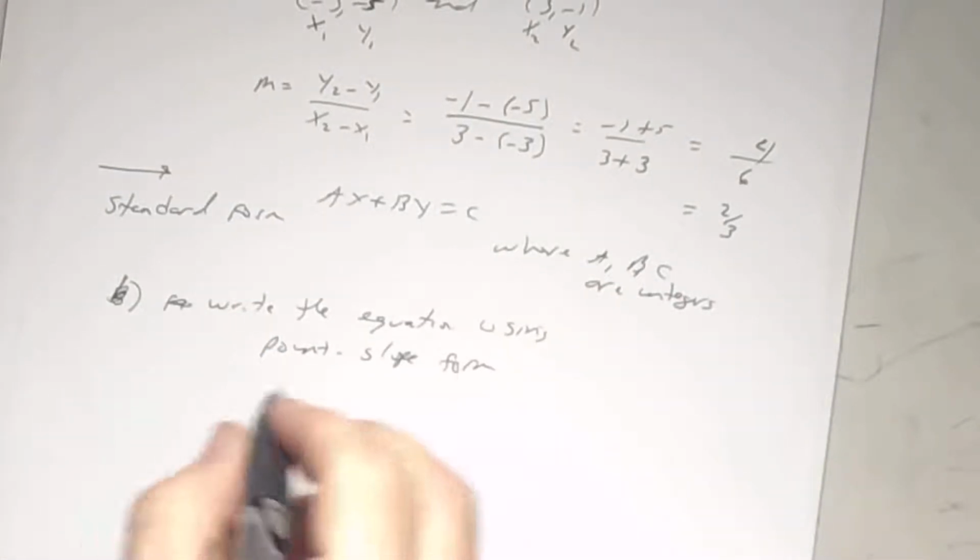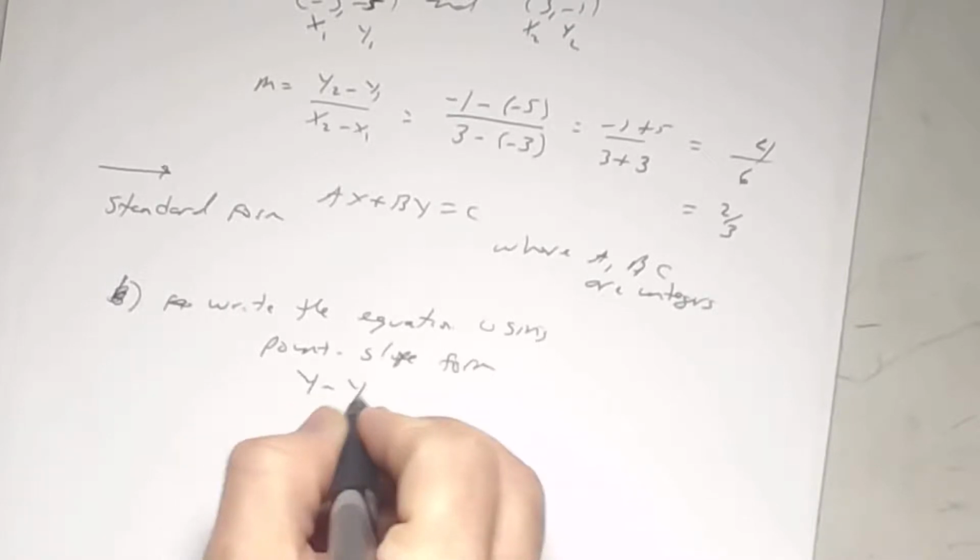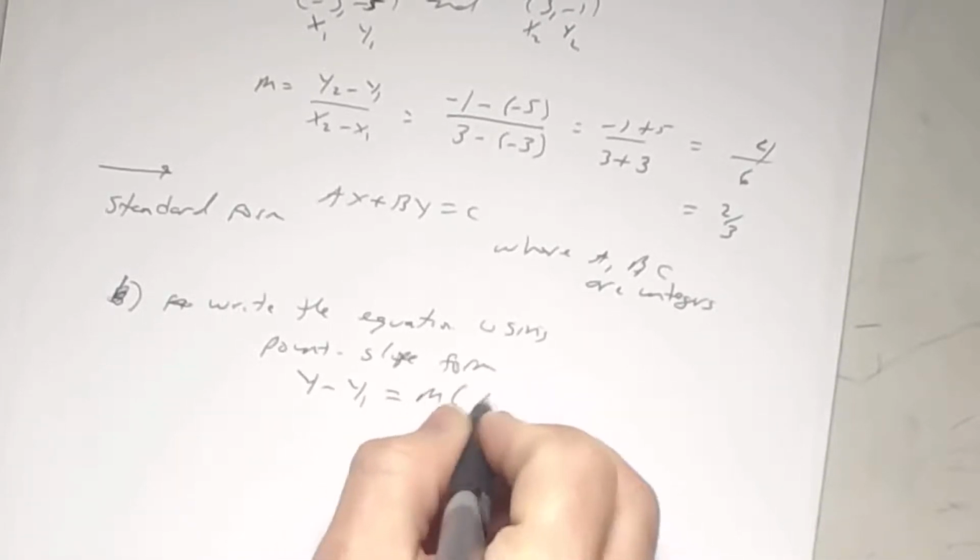Then you're going to write the equation of the line, but you want the final answer to be in standard form. But to get it to that form, you first got to put it in point slope form. Here's point slope form: y minus y1 equals the slope times x minus x1.